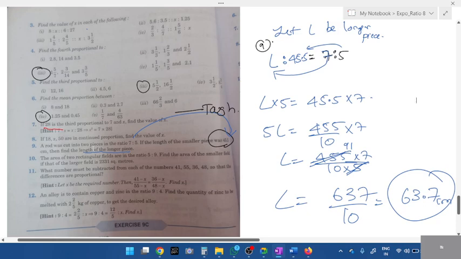See what I have done. A rod was cut into two pieces.